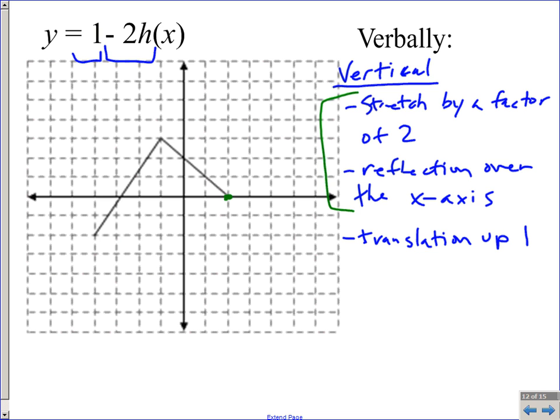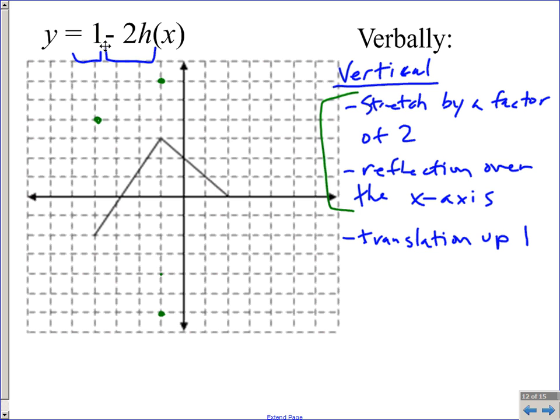I take the y-coordinate of +3, double it, 1, 2, 3, it goes there, and then reflect it down to 6, 1, 2, 3, 4, 5, 6, so down at -6. And then -2 doubled goes down to -4, reflected up to +4. Another way to think about that, if you wanted to take a bit of a shortcut, you could just multiply by -2 and you'd get the same y-coordinate.